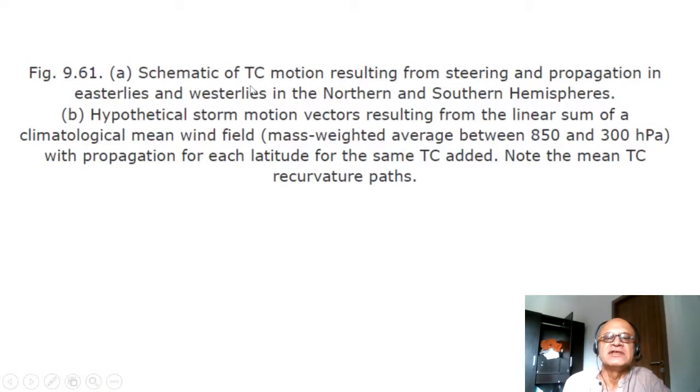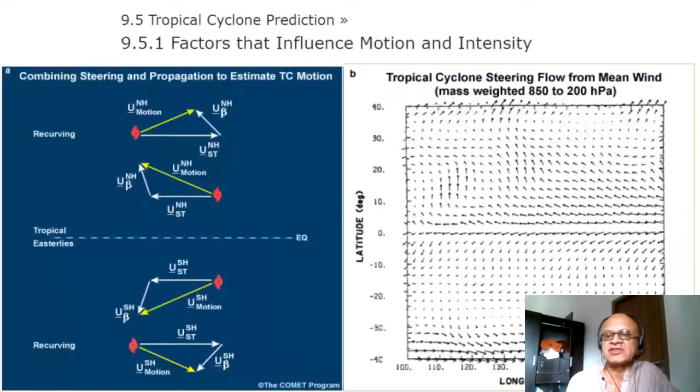So we are looking at a schematic of TC motion resulting from steering and propagation in easterlies and westerlies in the northern and southern hemispheres. In the second figure, we look at hypothetical storm motion vectors resulting from the linear sum of the climatological mean winds, mass weighted over 850 to 300, with propagation for each latitude for the same TC added. So here the mean TC recurvature paths are shown.